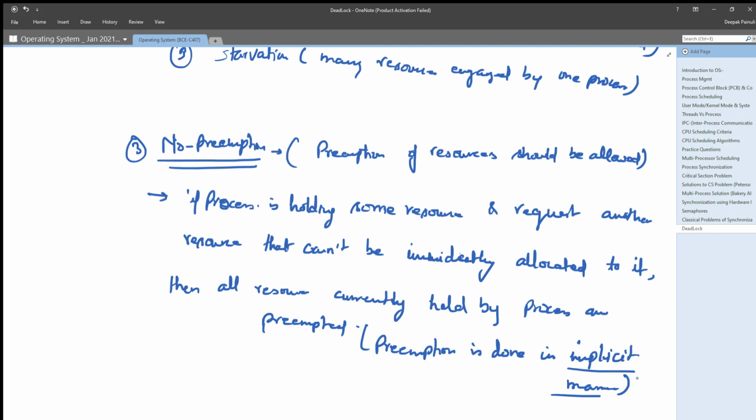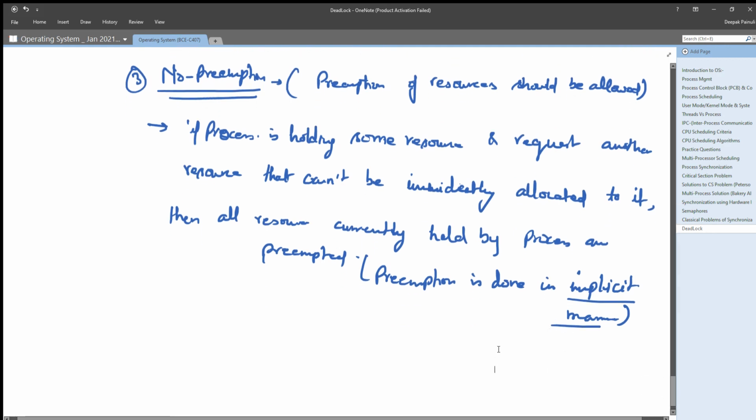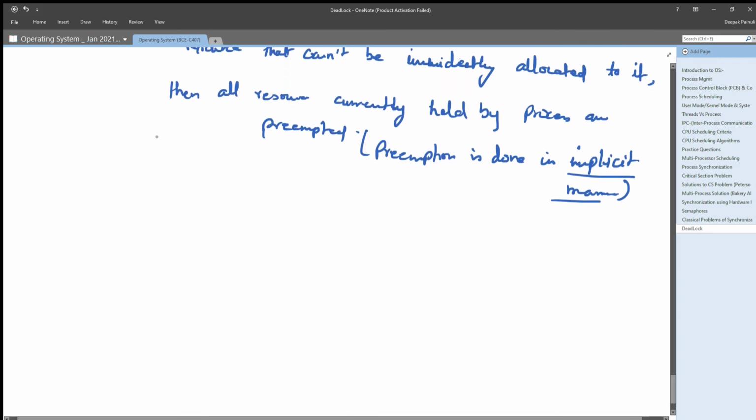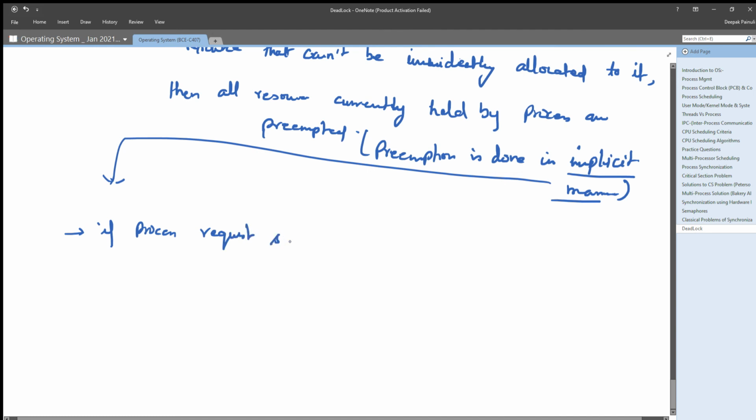So what we are saying when we say implicit manner simply means: if a process requests some resource, it needs to check if it is available, right?